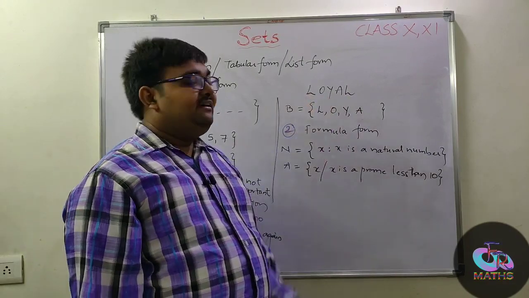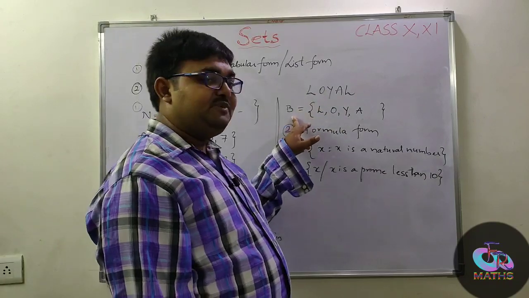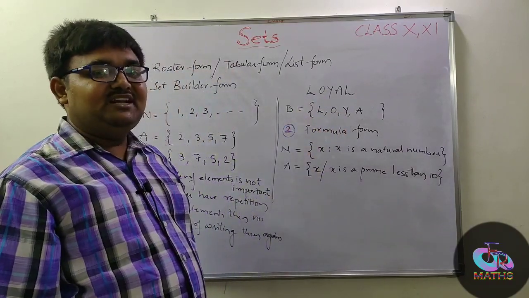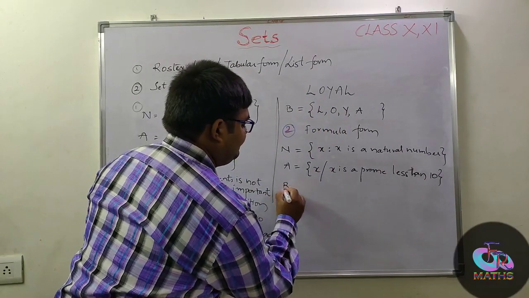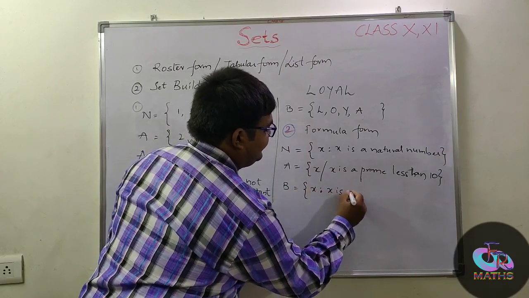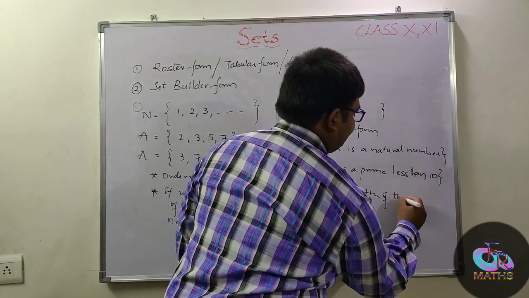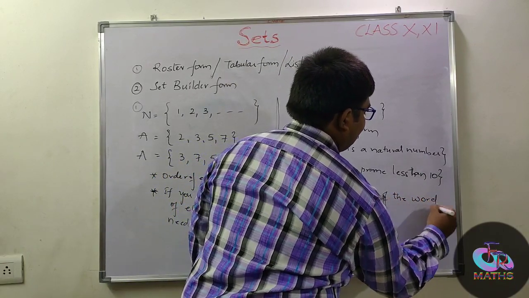Next, we have the word loyal. If you want to represent this particular set B in set builder form, we will write B is equal to x such that x is a letter of the word loyal.